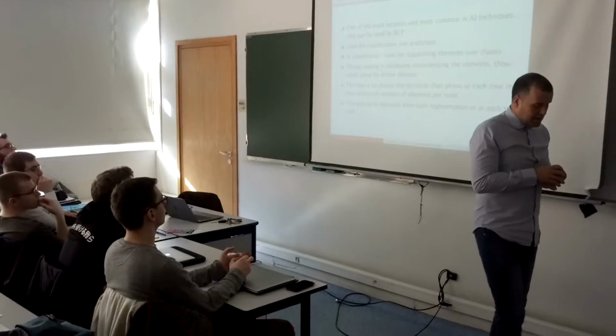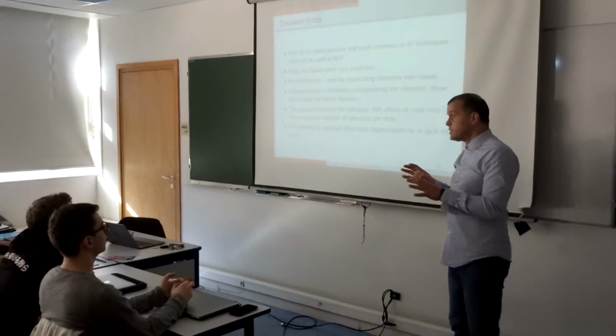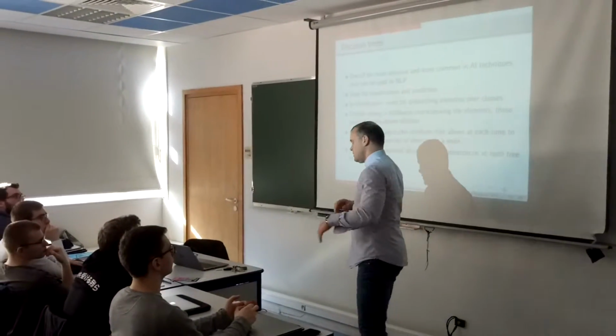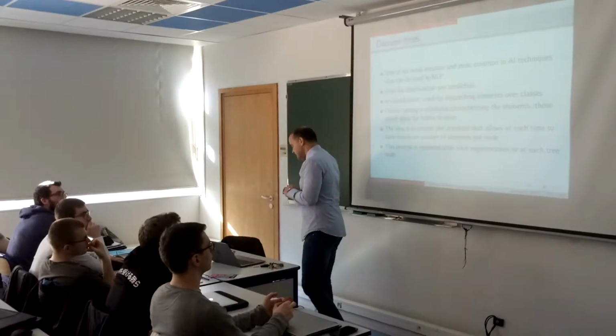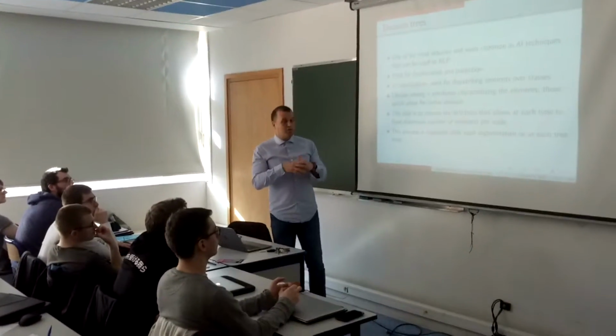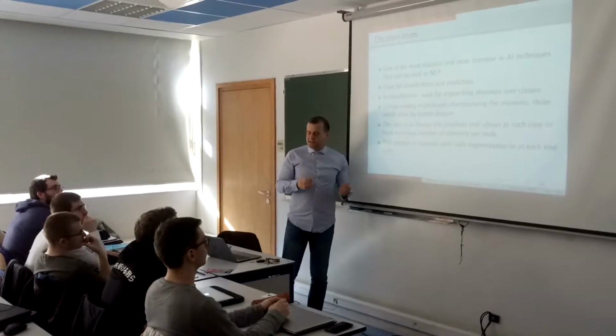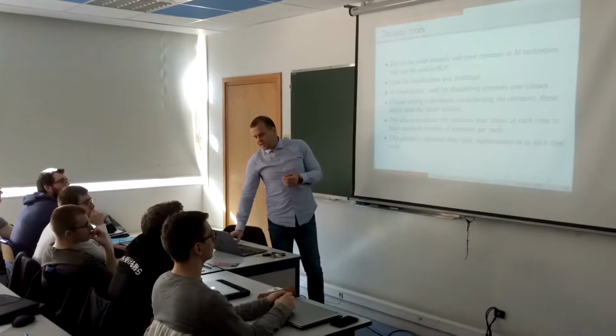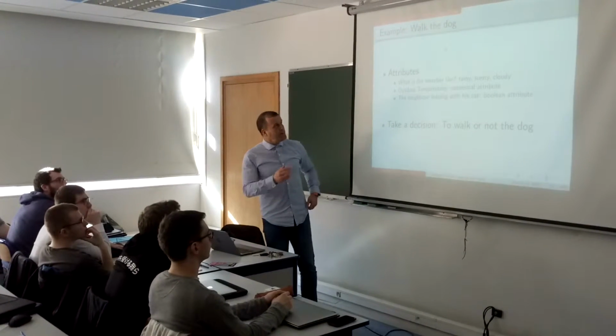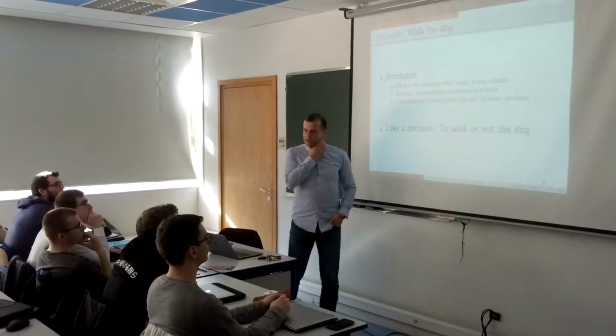Okay? It is based on trees, as you say in computer science. And of course, we use recursive algorithms and things like that. Before starting, I give you a small example, which is called the walk the dog.